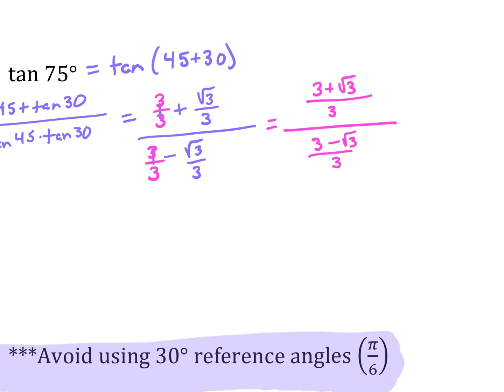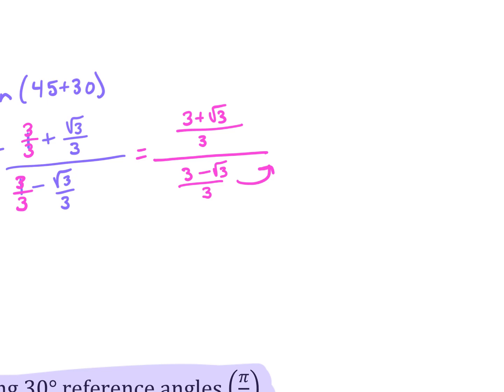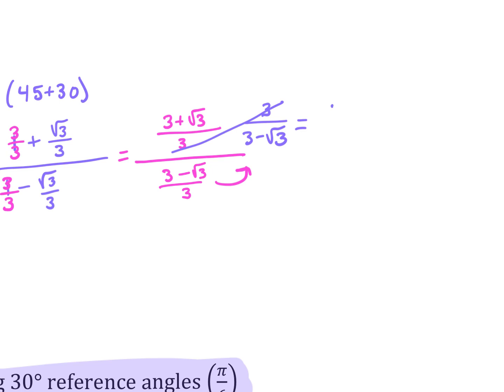Okay, now if I do keep it, change it, flip it, if I flip this up, what's going to happen with the 3's? Those 3's divide out, don't they? Right? If I do my keep it, change it, flip it, then I have 3 over 3 minus root 3. And the 3's divide out, and I'm just left with, in the numerator, this.